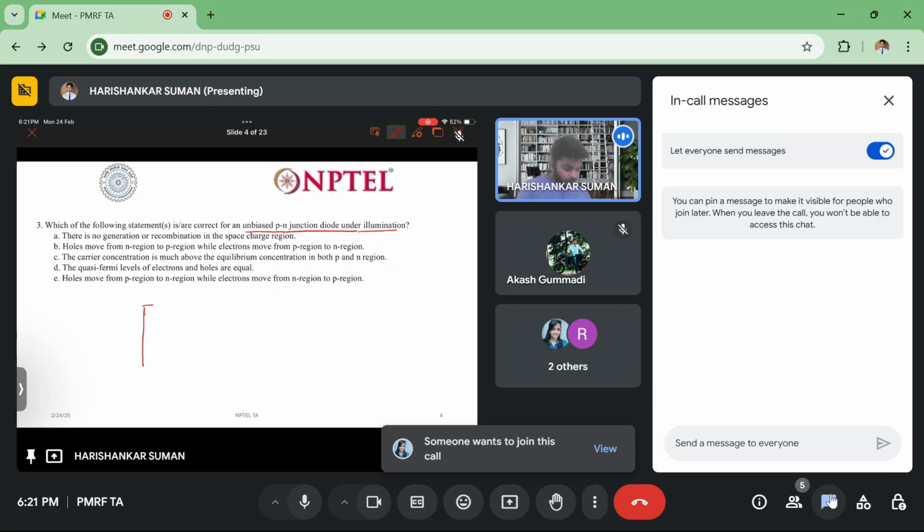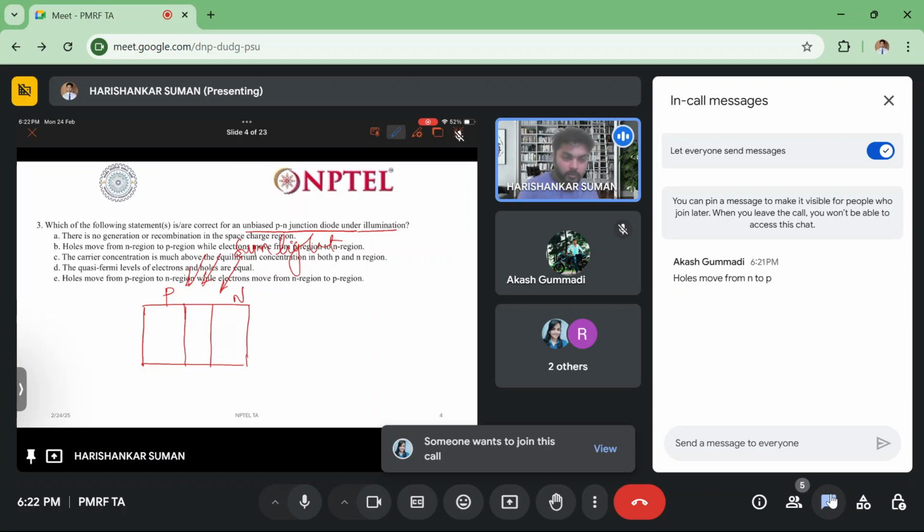Let's say P and N. This is unbiased and sunlight. This is sunlight. Do you know what is the majority charge carrier in P type and N type?